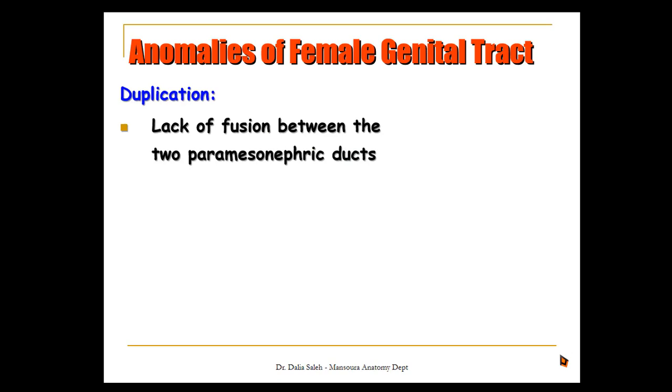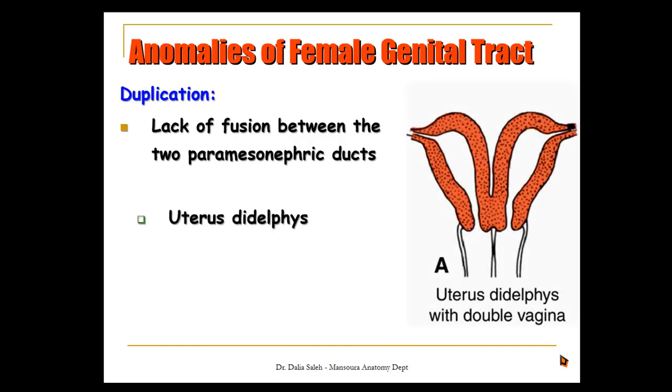We could summarize the anomalies because of the following. Anomalies due to duplication, and this occurs due to lack of fusion between the two paramesonephric ducts. So we can get the following anomalies. Something called uterus didelphys, where there is complete duplication of the genital tract. We have two bodies, two cervices, and two vaginas.